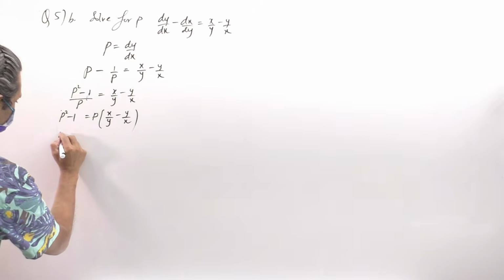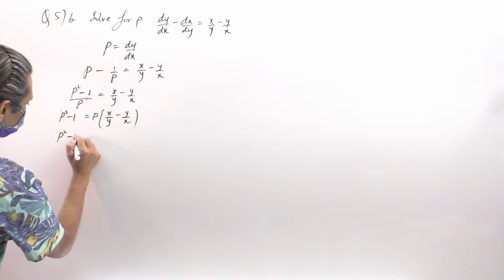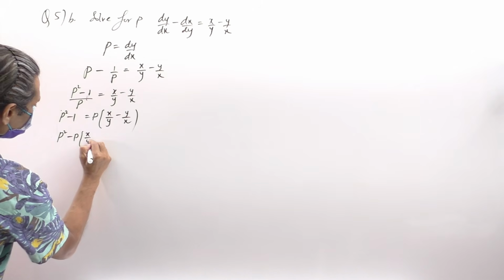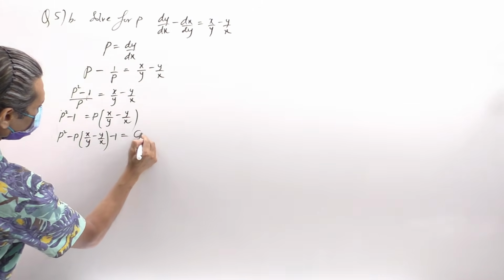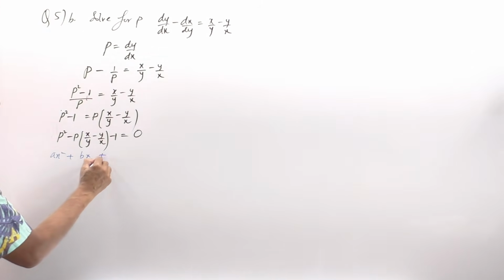Or we can write this as p square minus p into x by y minus y by x, minus 1, is equal to 0. Am I right? Fine. Therefore, I can solve this using a quadratic equation, that is ax square plus bx plus c form.